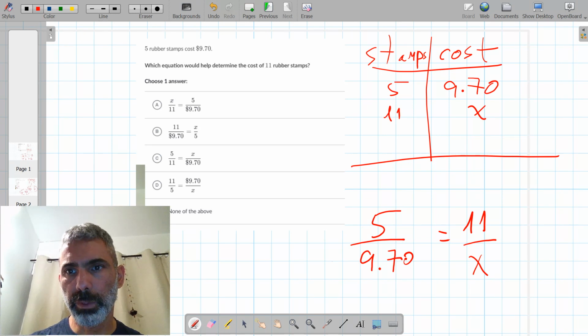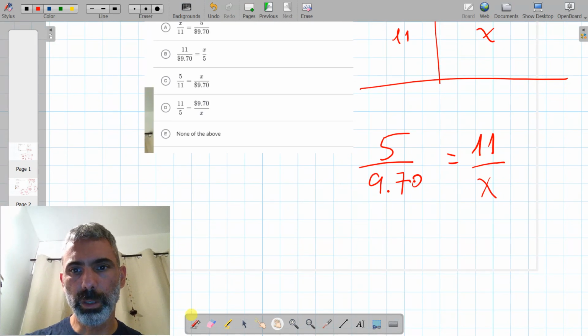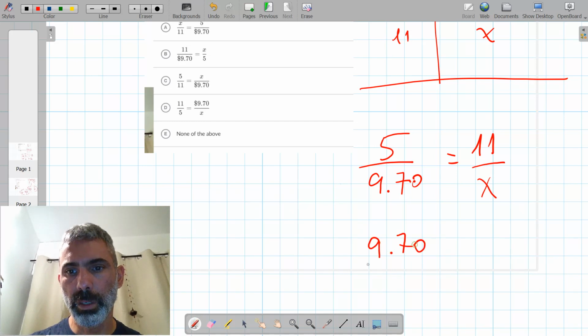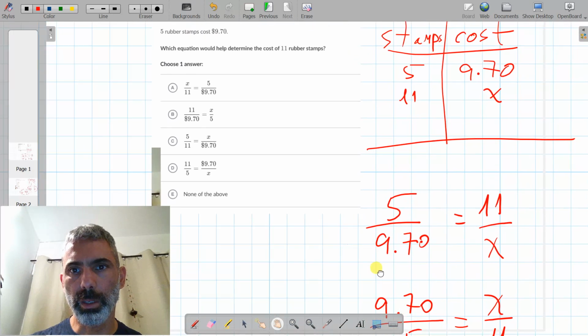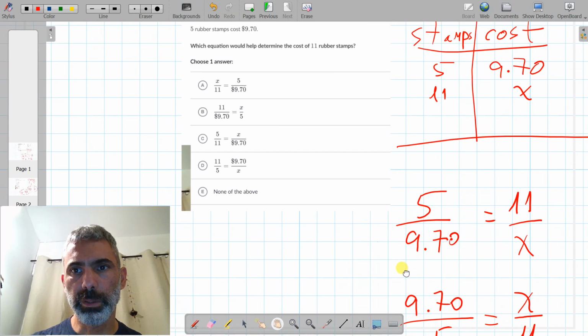So 5 stamps cost 970, 11 cost an unknown amount, and this could be written the other way around, 970 over 5. So the amount of money that 5 stamps cost divided by the number of stamps, and the amount of money that 11 stamps cost divided by the number of stamps. So these are 2 options to write it, and I also can equate the number of stamps.